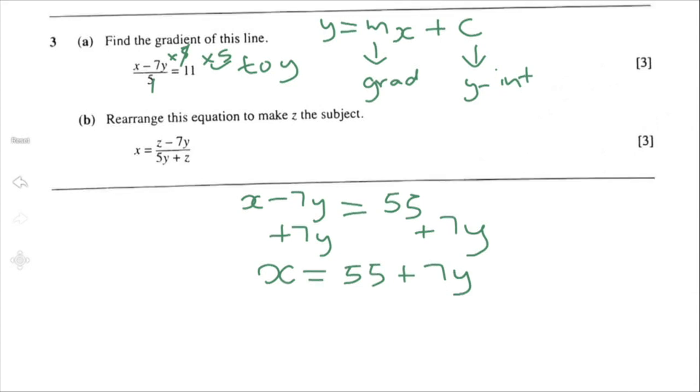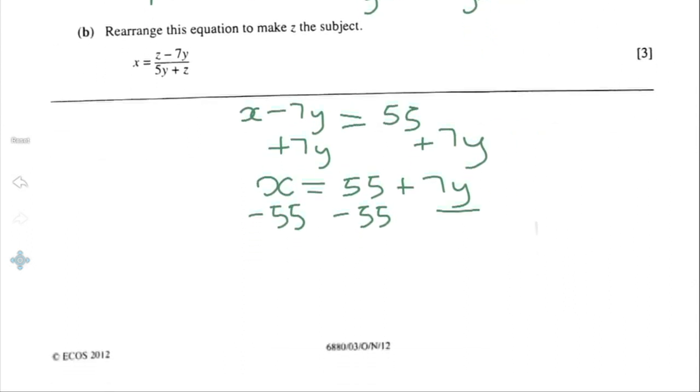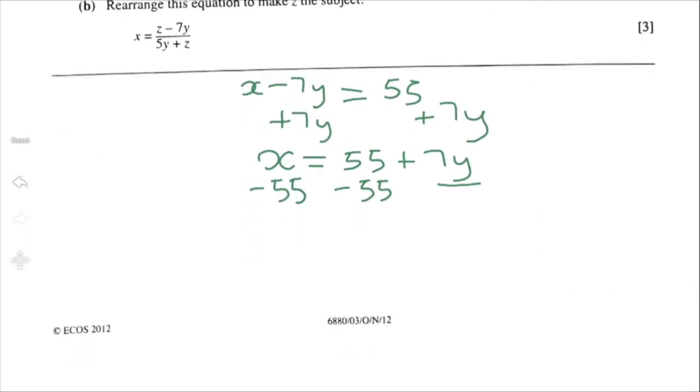And then now the term involving x is that term there, 55. That's the term involving x here. We can take that 55 across. What will be the result? You'll have x minus 55 is equal to 7y.